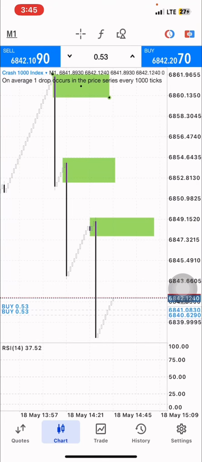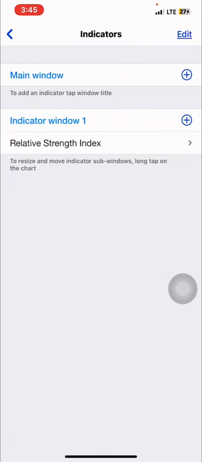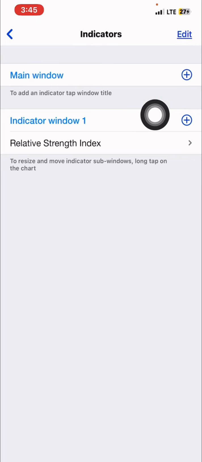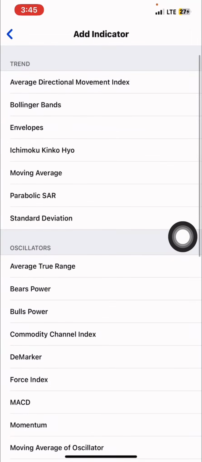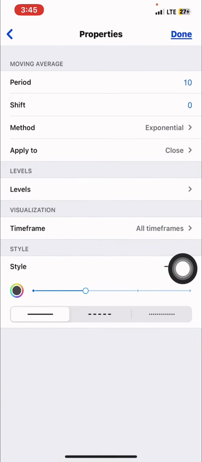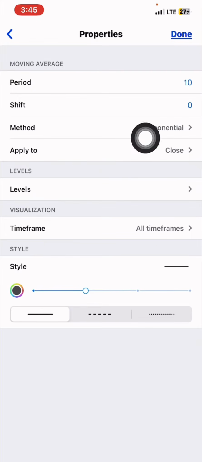So the next indicator you want to add is your moving average. This time around, click on the indicator window 1, and look for your moving average. Then use these parameters: your period is 10, your shift is 0, your method is exponential, apply to close.